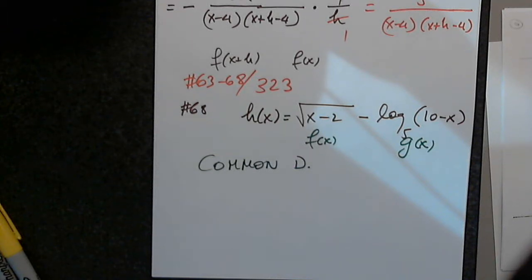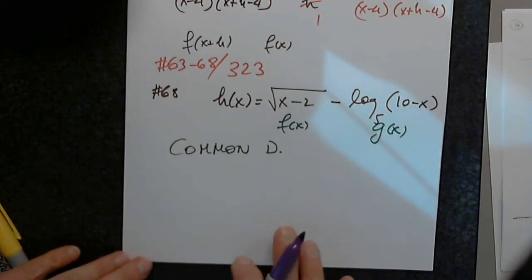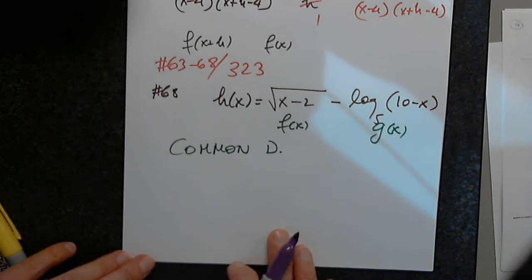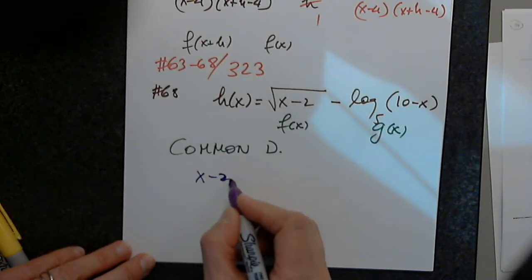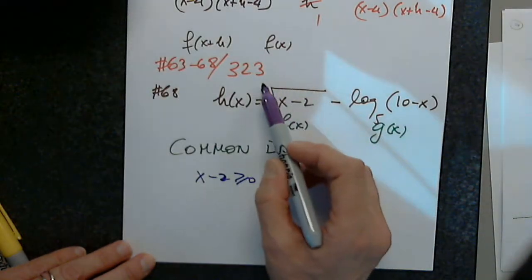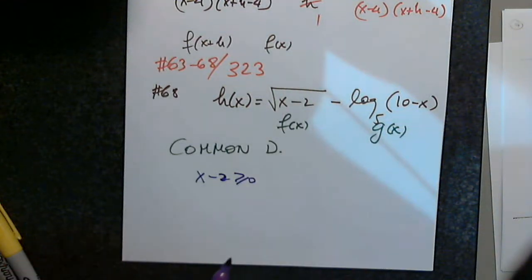So always when you look at a ratio, for example, same idea. Because that's what we had on that test that I just returned. Good. So what do I have to write? The restriction. What will I write for the first one? X minus 2 is greater than or equal to 0. Very good. What if I had here 1 over the square root of x minus 2?